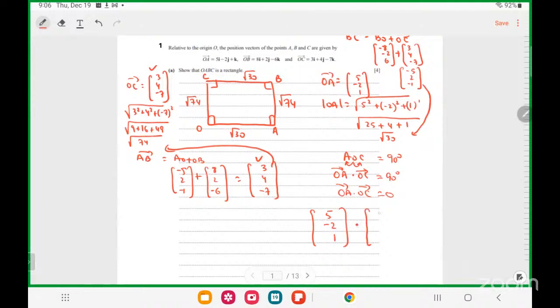OC is (3, 4, -7). 5 into 3 is 15. Minus 2 into 4 is minus 8. 1 into minus 7 is minus 7, which sums to 0. Hence proved that OABC is a rectangle.